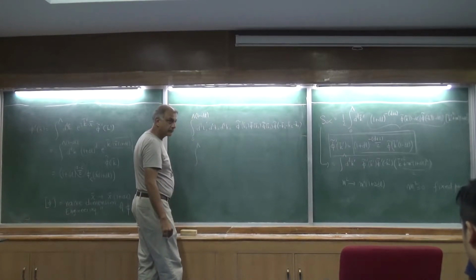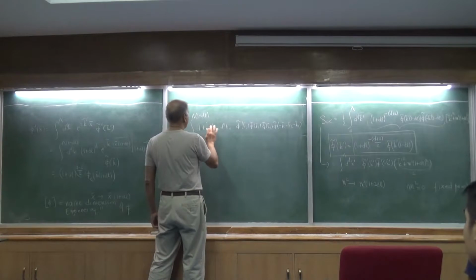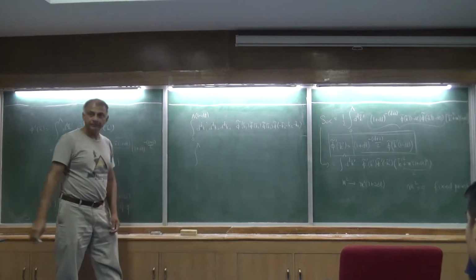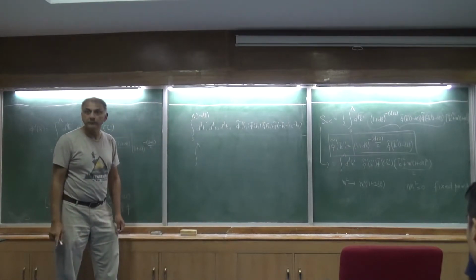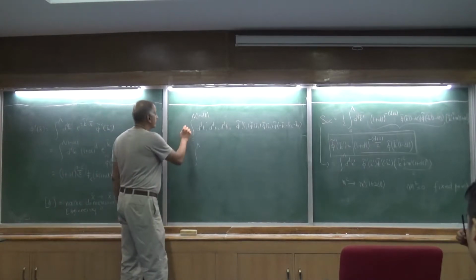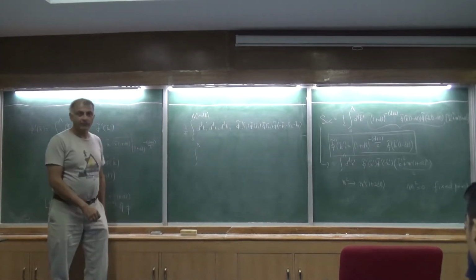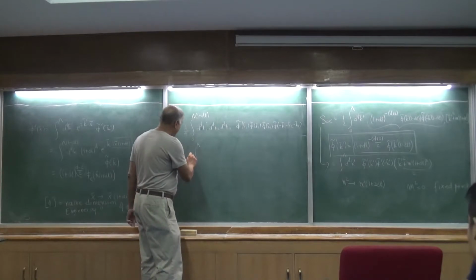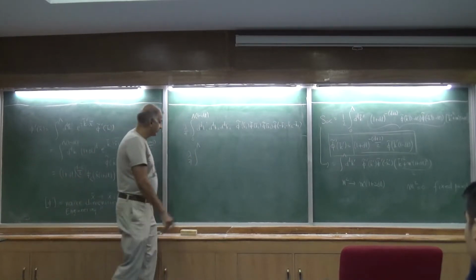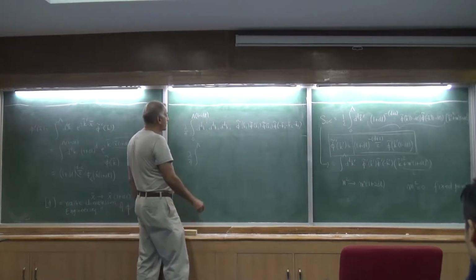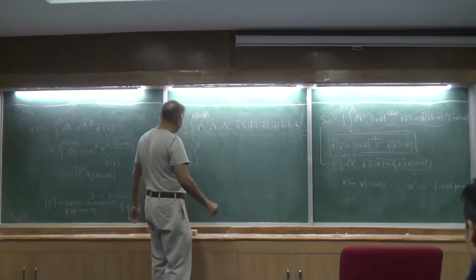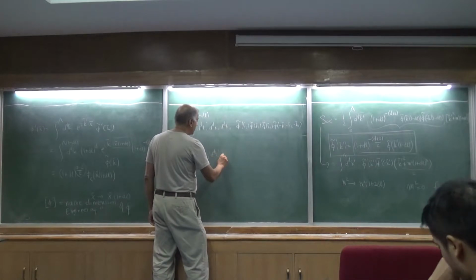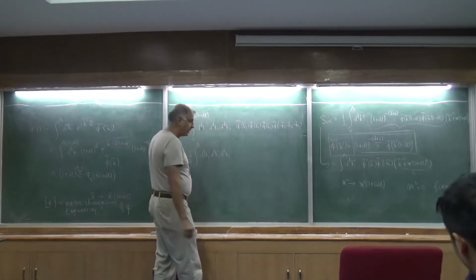Good. Now remember, I'm going to do k prime, so it's d to the d k1 prime, d to the d k2 prime, d to the d k3 prime, and there's some 2 pi.